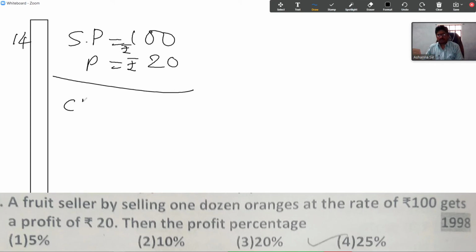So cost price is 80 rupees. Profit given, selling price given, based on these we can find by subtracting the cost price, 80 rupees. We know cost price is equal to selling price minus profit.